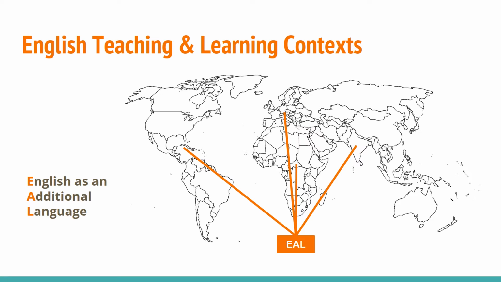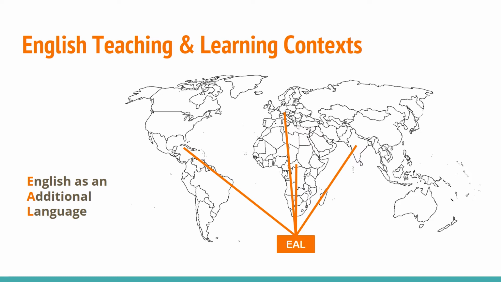Often, EAL contexts are where colonialism imposed English as an official language on the local populations, or, as in the case of the European Union, it is used as an intermediary language to communicate across countries whose geopolitical borders touch one or more different languages. This helps to facilitate business, government, and everyday communication.